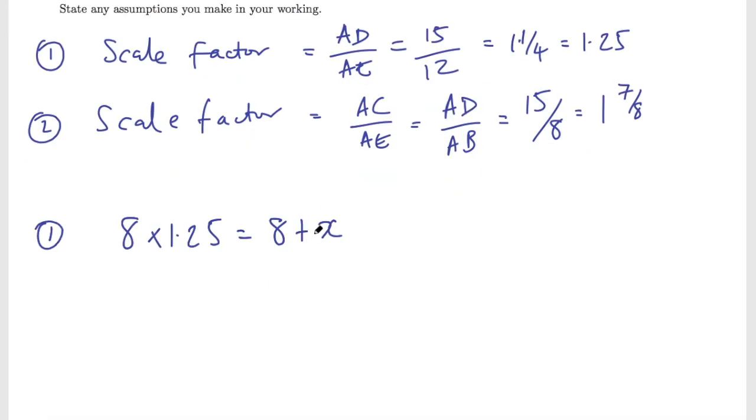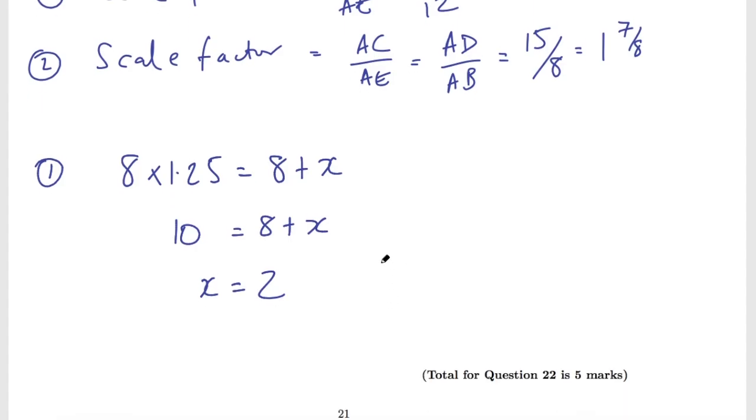So for this one we need to solve for x. So 8 times 1 1/4, that is 10. And then 10 equals 8 plus x. So therefore x equals 10 minus 8, 2 centimeters.